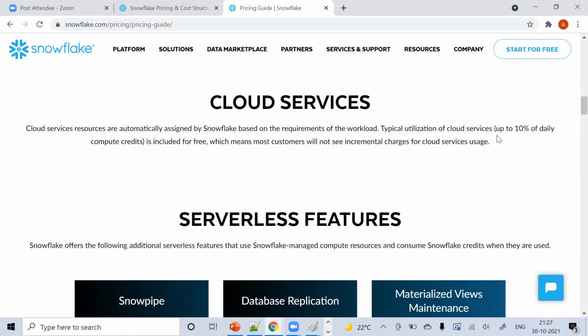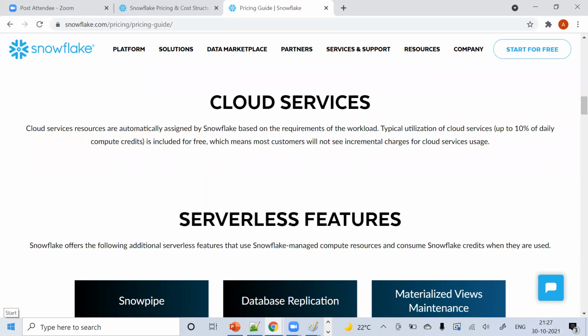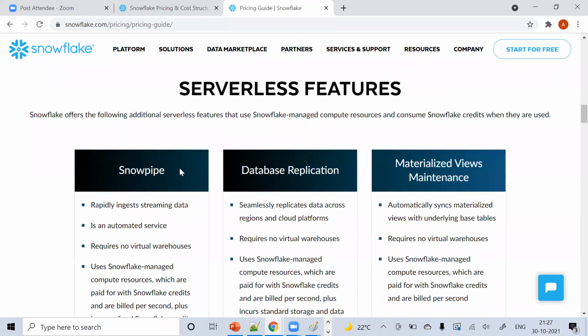Typical utilization of cloud services up to 10% of daily compute credits is included for free. So whatever 10% of work cloud services do daily is free, and you don't have a particular chart for this. It is very minimal, and you will not see drastic incremental charges for this service.